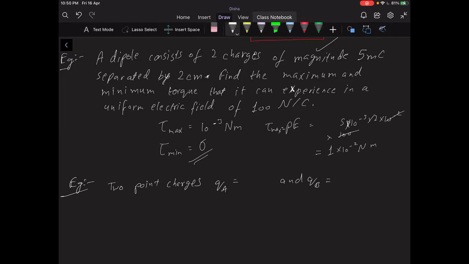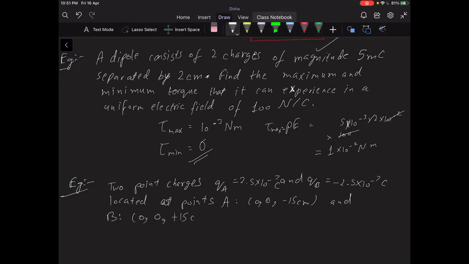Two charges QA is equal to 2.5 into 10 to the power minus 7 coulombs, and QB is minus 2.5 into 10 to the power minus 7 coulombs, located at points A and B, being 0, 0, minus 15 centimeters and 0, 0, plus 15 centimeters coordinates respectively.